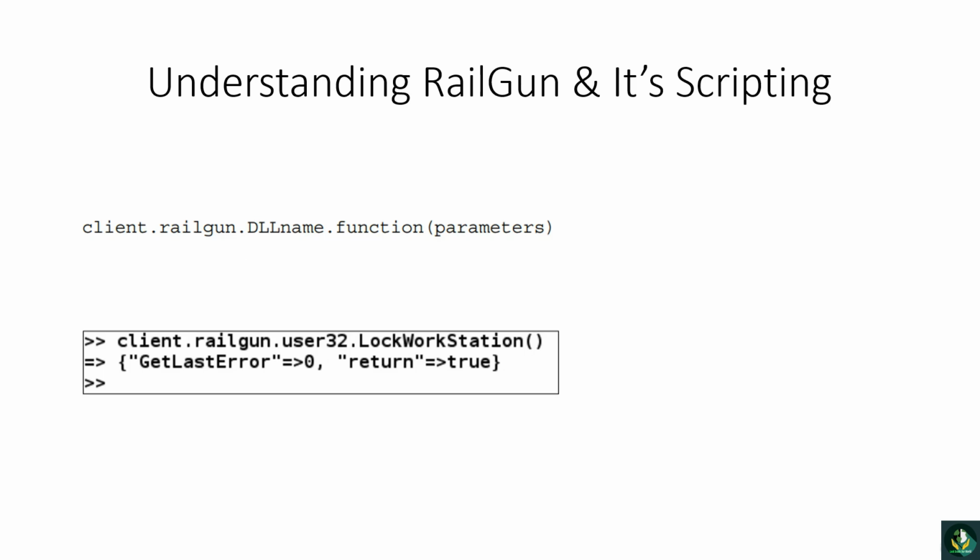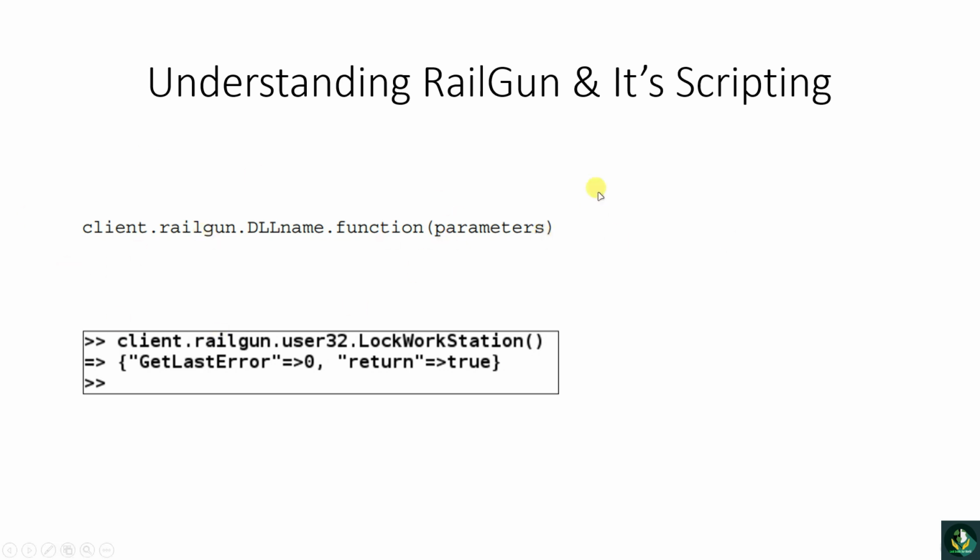Railgun gives us immense power to perform tasks that Metasploit cannot perform. We can make calls to any DLL file from the target system and create some more advanced post exploitation mechanisms. Now let's see how we can call a function using basic API calls in Railgun and understand how it works.